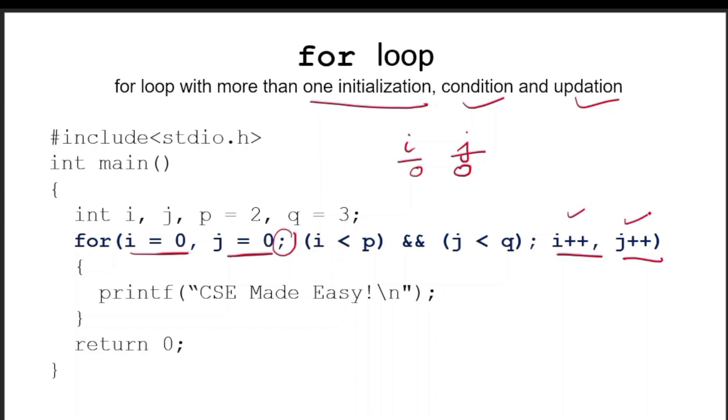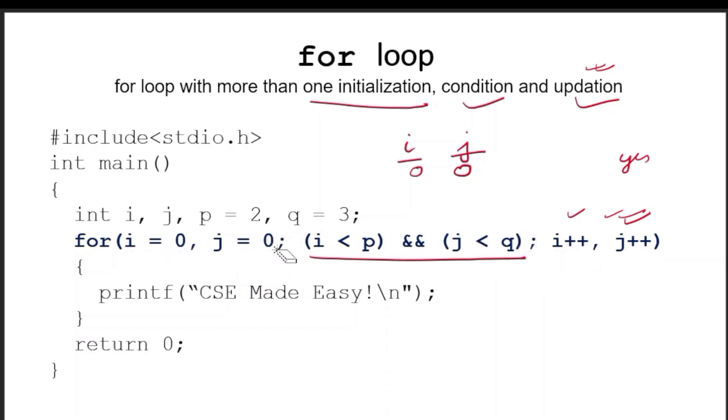Can we increment two or more variables in update? Yes, you can do this. You can increment, decrement, or for update you can use more than two variables, separated by commas. Remember this. Initialization expressions are also separated by commas, as you can see here.